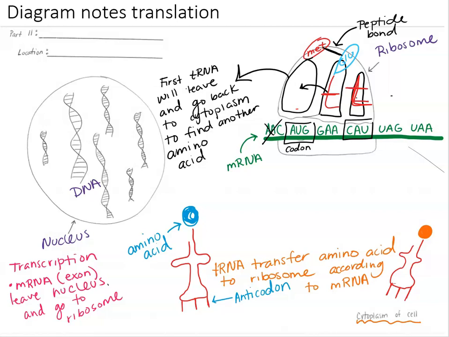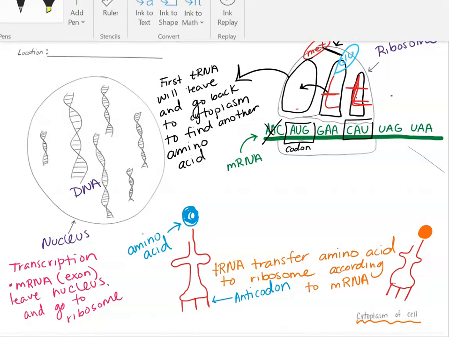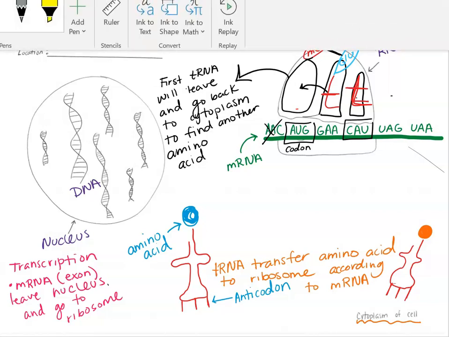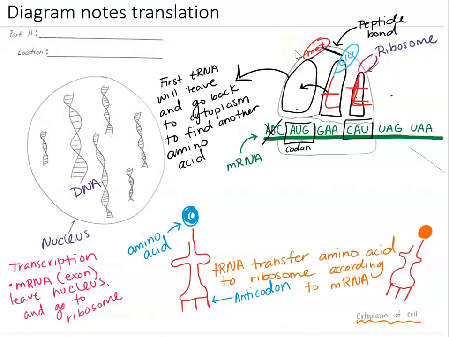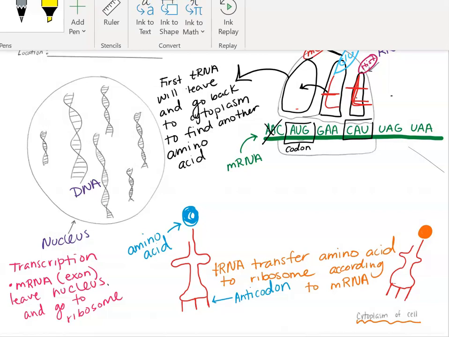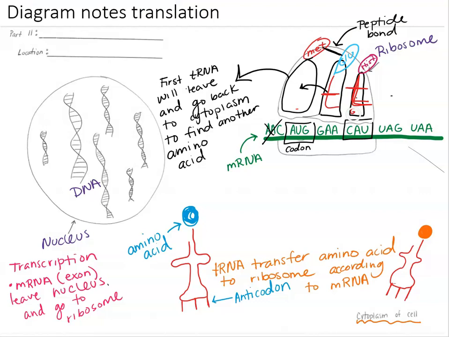So the anticodon for our tRNA that is carrying histidine is going to be G, and then A goes with U, and U goes with A. This is just the delivery address. It's just so it knows how to go.